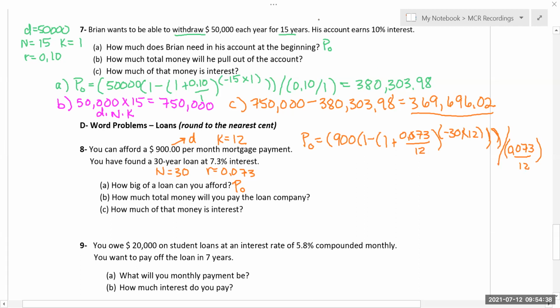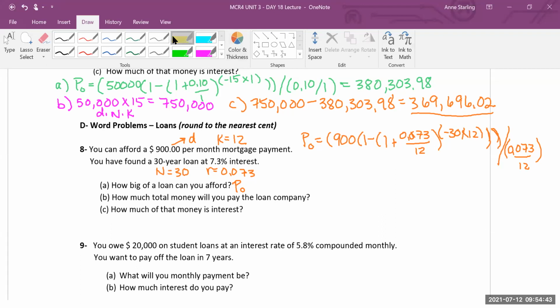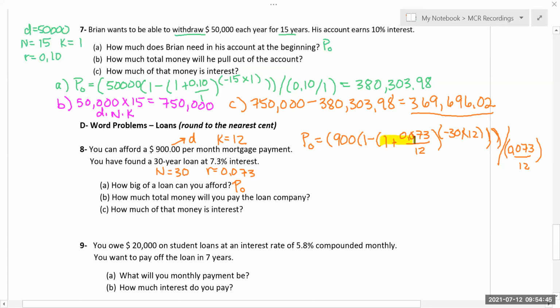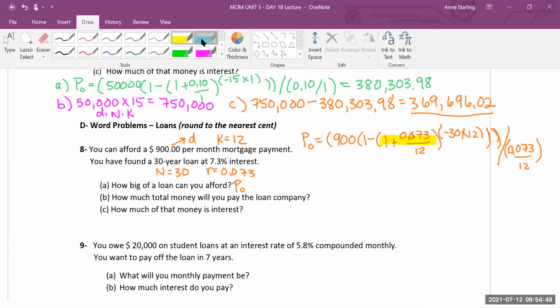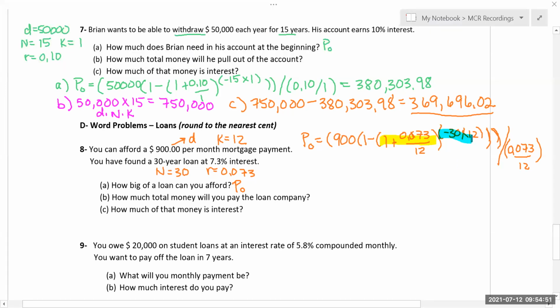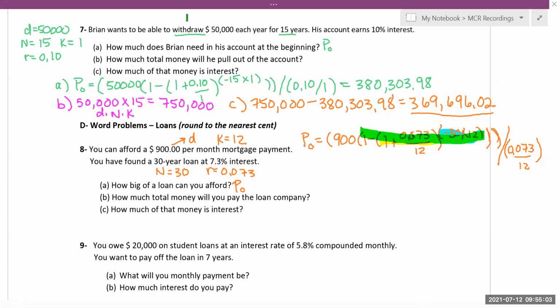All right, so go through that formula the exact same way we've been doing it. Either type it in with the correct parentheses or go inside out. It's up to you how you want to do it. I'm highlighting the order that I would recommend. Then you do that whole piece, then you multiply it by 900, and then you divide.